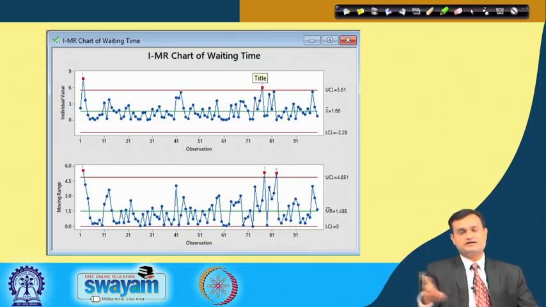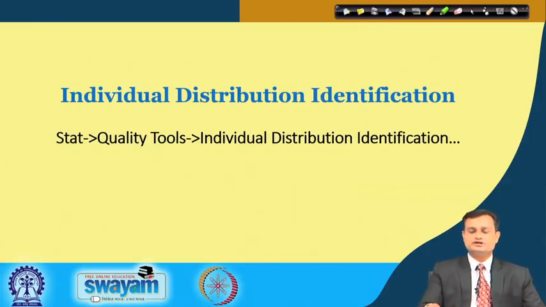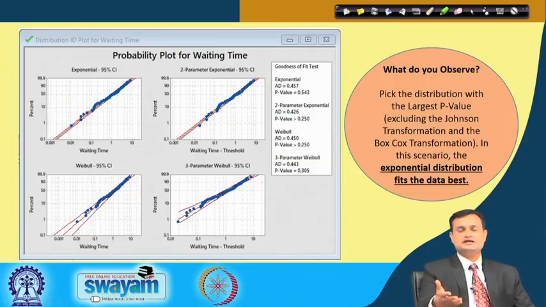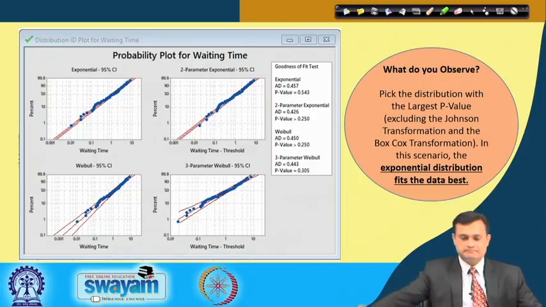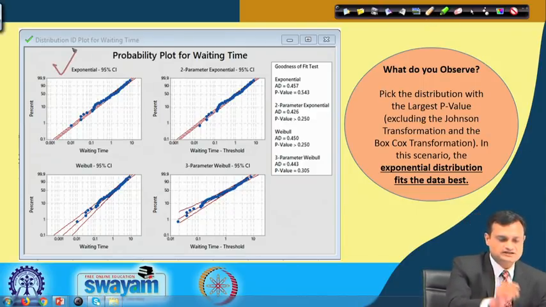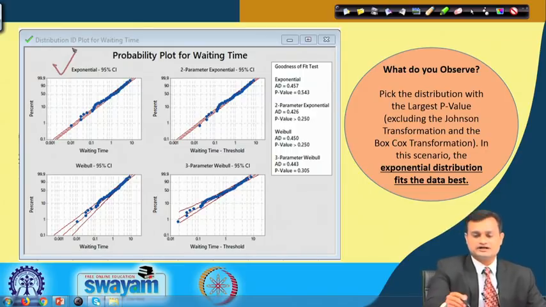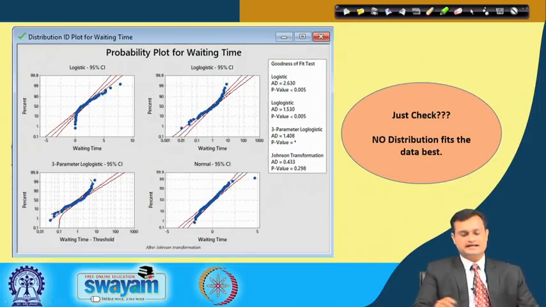So take the corrective action, remove these points, consider the other points, go to Stat, Quality Tools, Individual Distribution Identification, and conduct the analysis. Again I can see that my best fit distribution here is exponential. So I would consider this as the best fit distribution for conducting my process capability analysis.